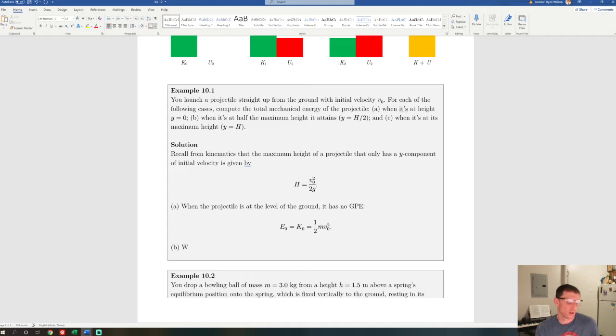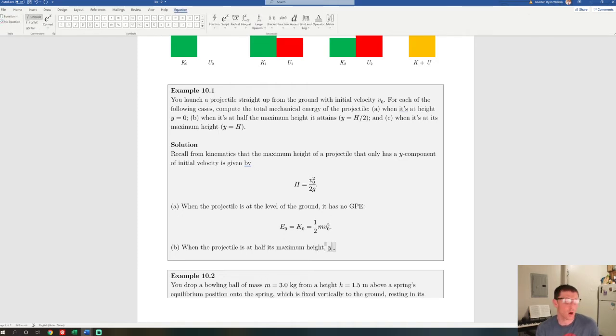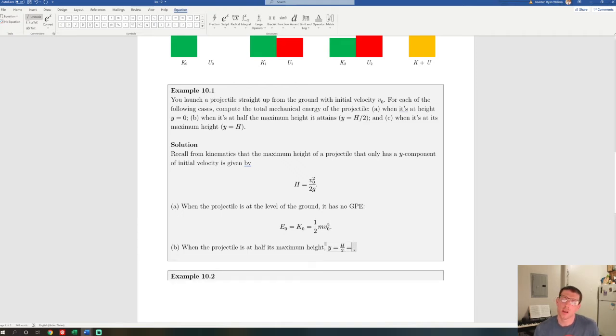So when the projectile is at half its maximum height, we have that y is h over 2, and if h is v naught squared over 2g, then h over 2 is v naught squared over 4g, right? So let's write that out.